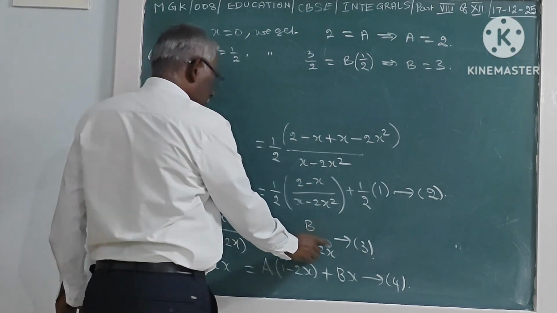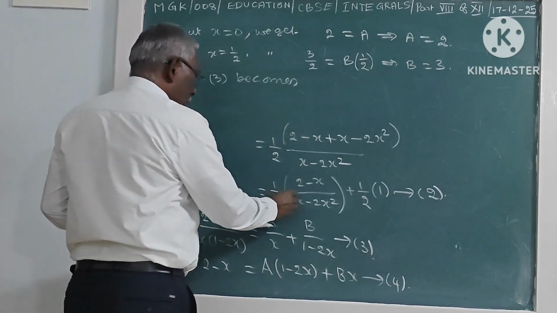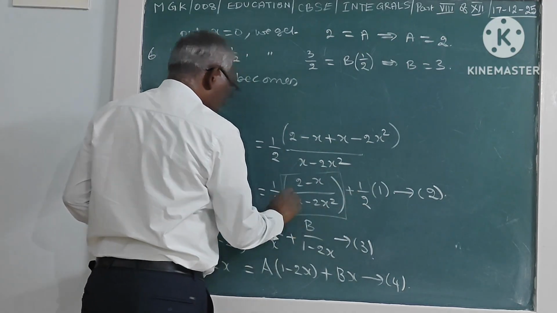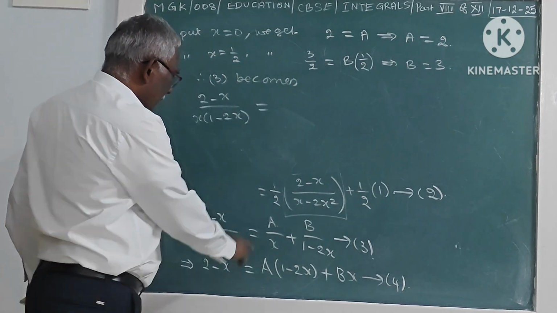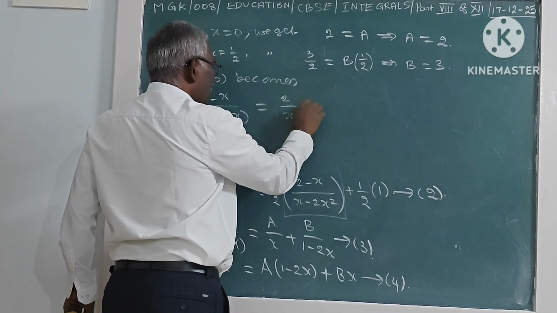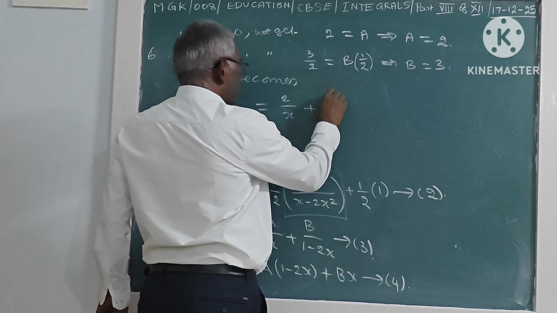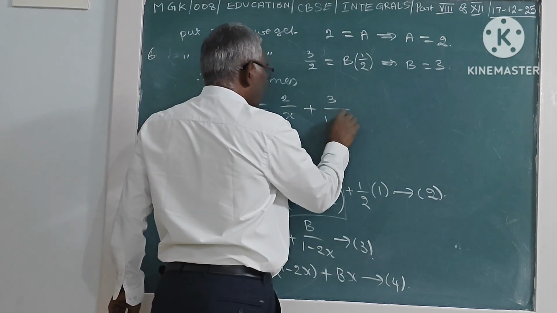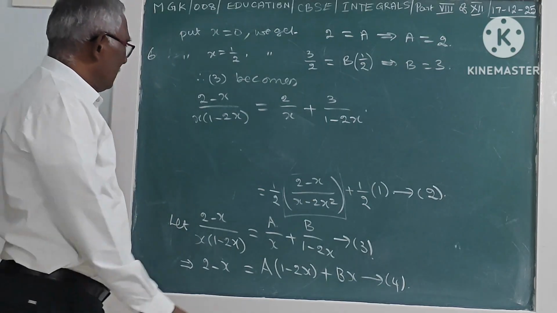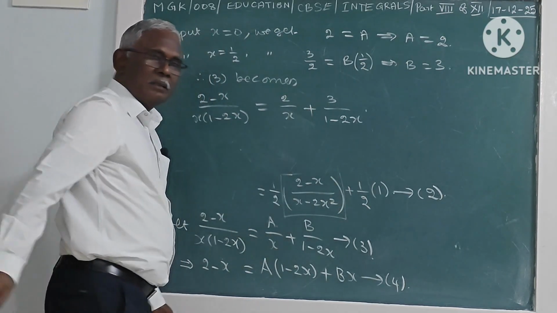Therefore a by x, a is 2, so 2 by x plus b is 3 by 1 minus 2x. So this is only for this term, for this we have written like this.